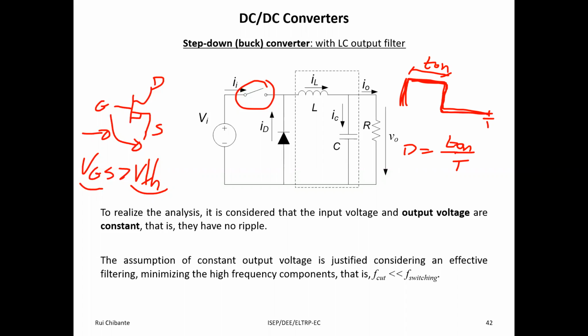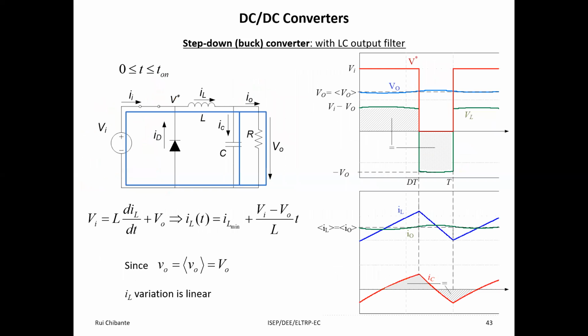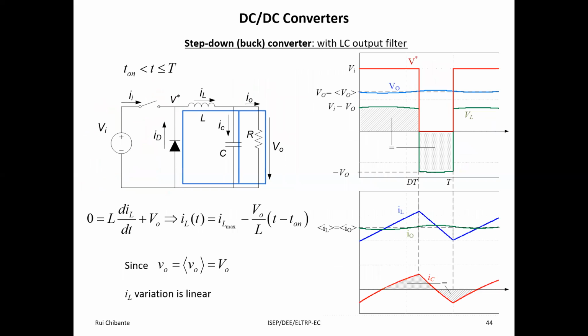Since we have only one transistor, it means that we have only two states in terms of the converter: a given state between 0 and T-on, where the transistor is conducting, and another stage of operation between T-on and the end of the period, where the transistor is not conducting, so it is equivalent to having here an open circuit.